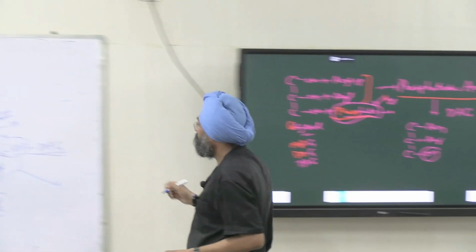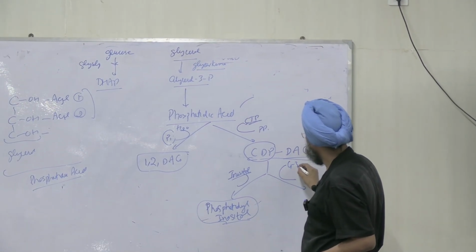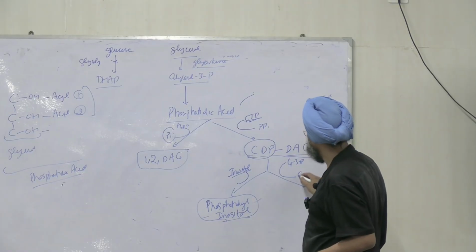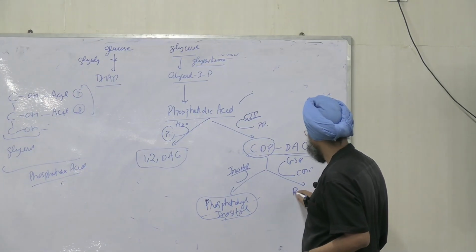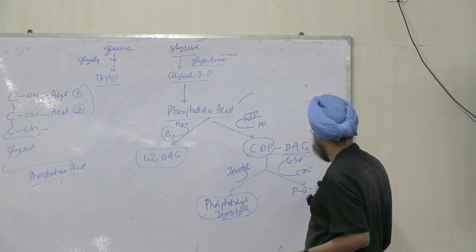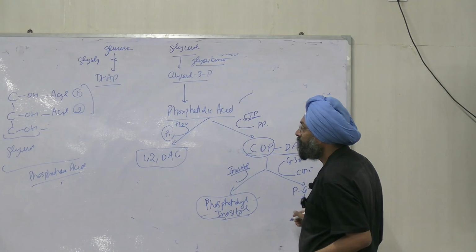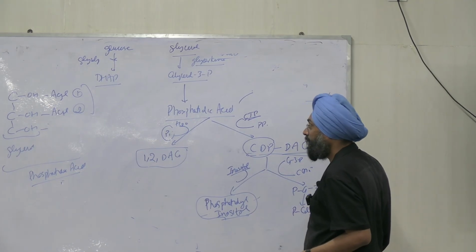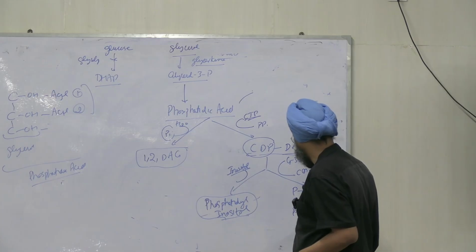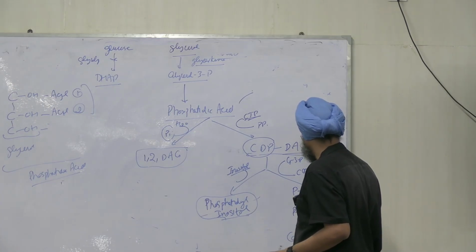In another pathway, we add glycerol 3-phosphate and CMP is released. What will we get? Phosphatidyl glycerol 3-phosphate, from which we'll get phosphatidyl glycerol, and finally cardiolipin.